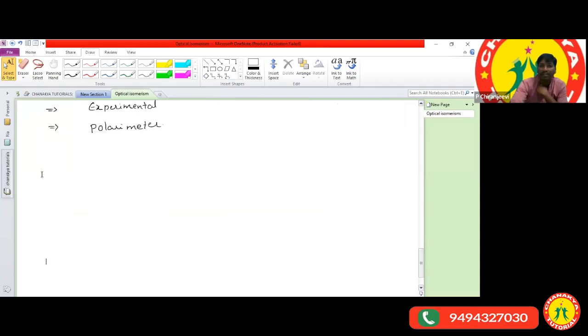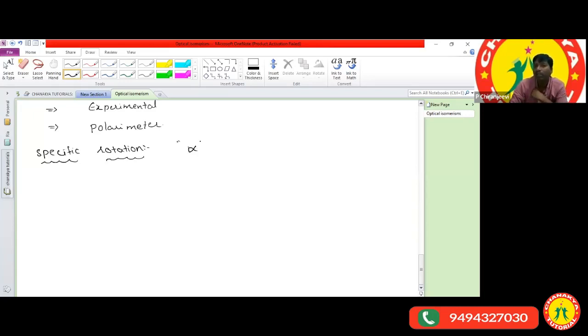So here, the next term is specific rotation. Sir, what is meant by specific rotation? Specific rotation is represented with alpha.